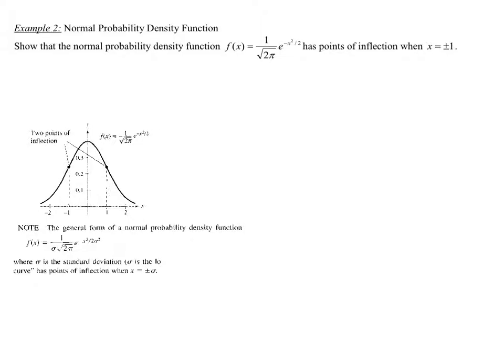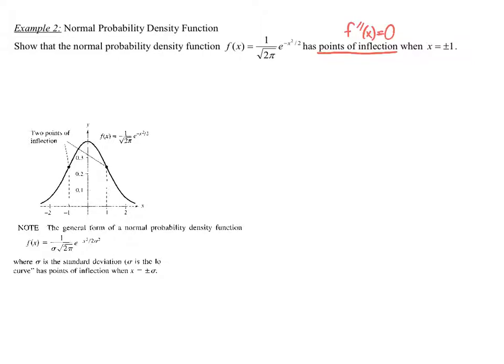If you remember that from pre-calculus, we looked at that briefly. We want to show that there are points of inflection when x is plus or minus 1. So if we're trying to show points of inflection, what should immediately come to mind? Second derivative. We need to find that second derivative and set it equal to 0.